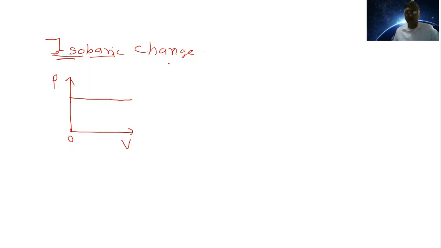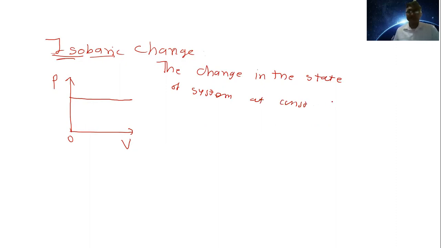The change in the state of the system at constant pressure is called the isobaric change.